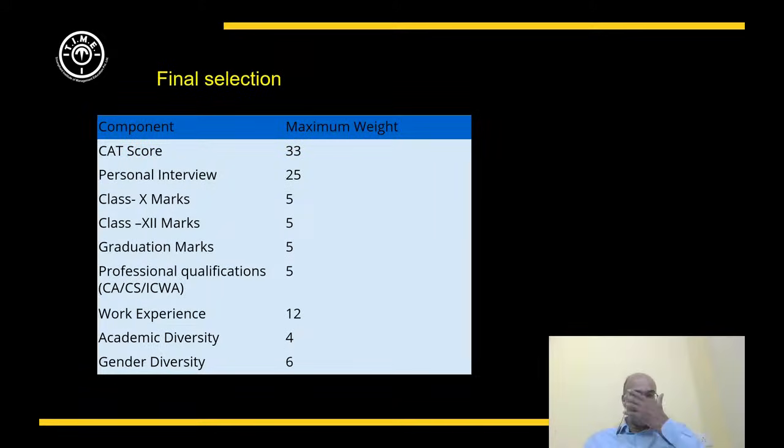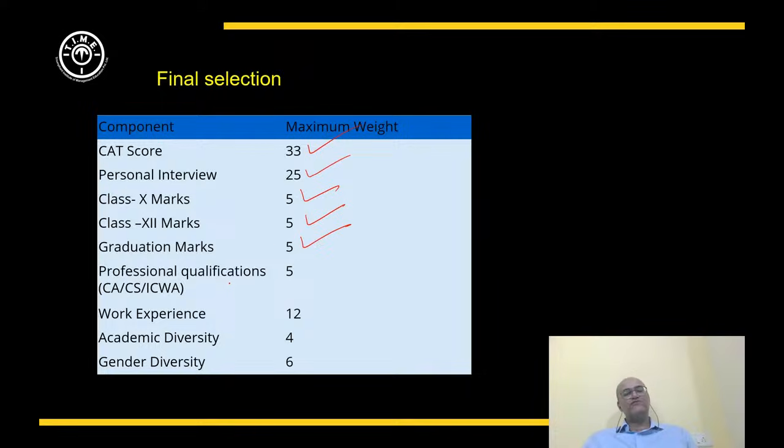And these were the parameters and the weightages that they assigned to those parameters. CAT had the biggest weightage. It was given a weightage of 33%. So one third of the value was assigned to CAT performance, and interview had one fourth of the weightage. Then a lot of other parameters were also taken into account. 10th performance, 12th performance, graduation performance, it was given 5% weightage.